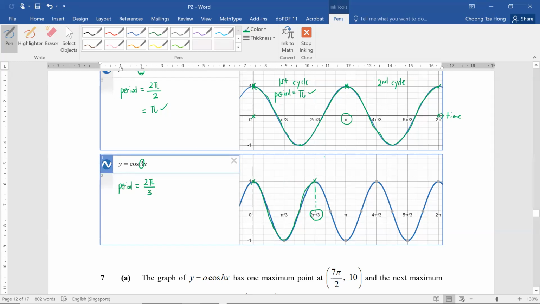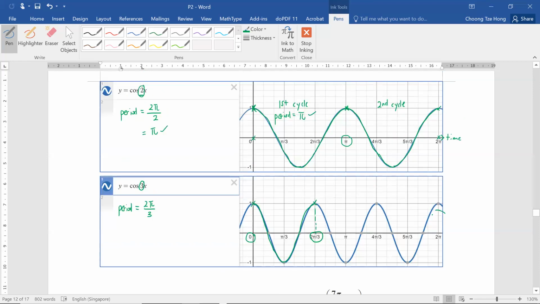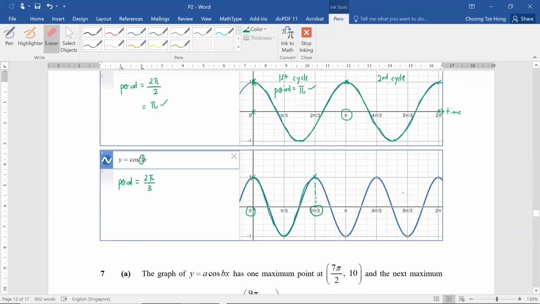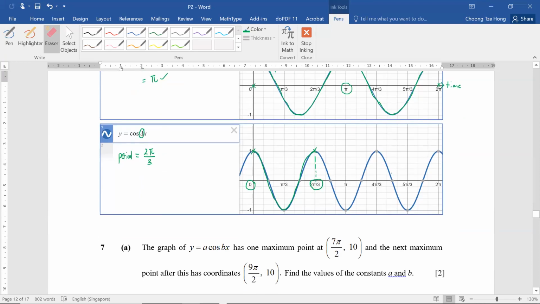Now let's see from 0 to 2 pi, how many complete cosine waves should we be expecting? We have the first cycle here already. Then from here, go down to the minimum, go back up to the maximum.